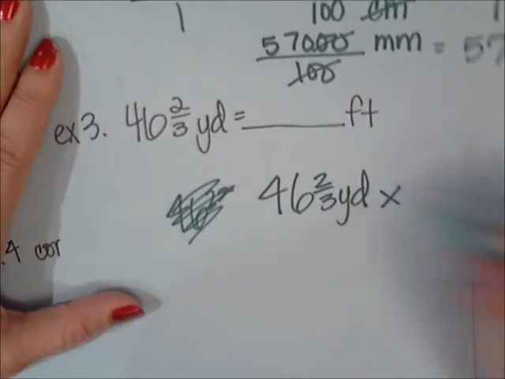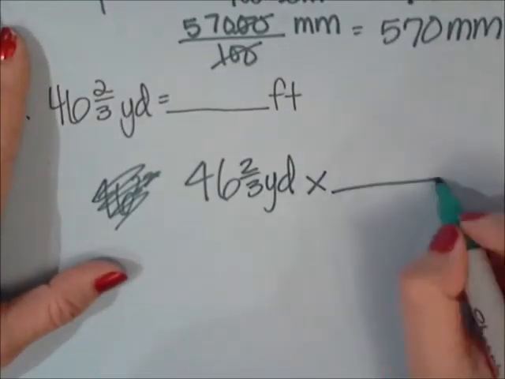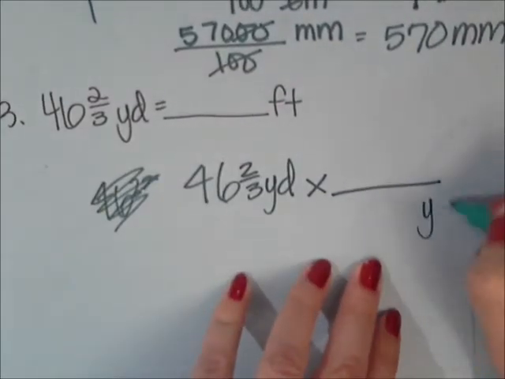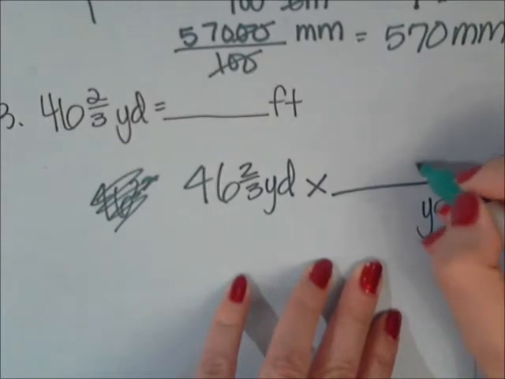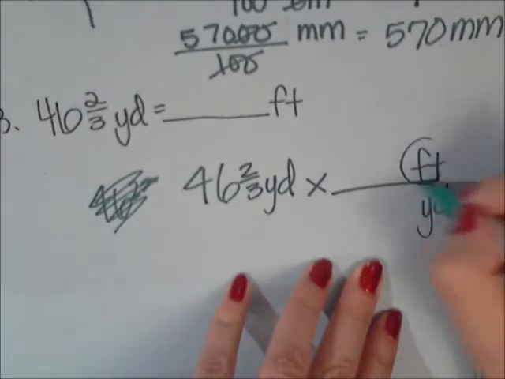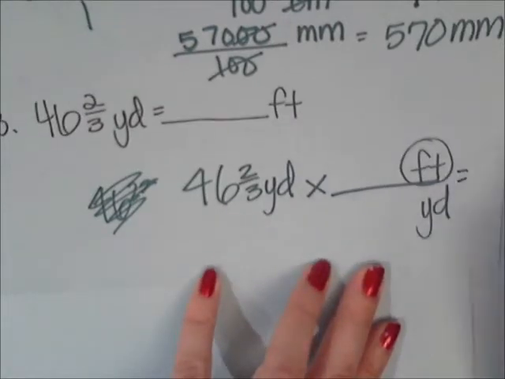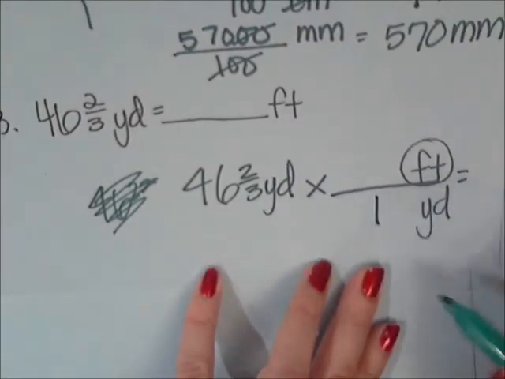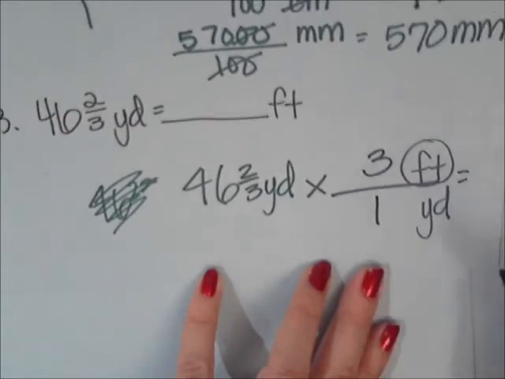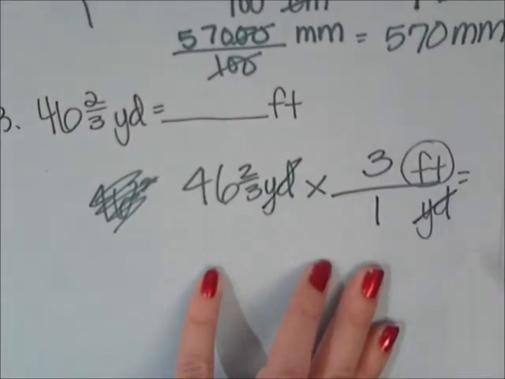Then I'm going to write my multiplication sign and then my line. I'm going to write yards here and feet here. I know I'm going to end up with feet because that's what I want to end up with, so this is going to be pretty easy. Now, I know that in 1 yard there are 3 feet. And then I'm going to cancel out my yards.